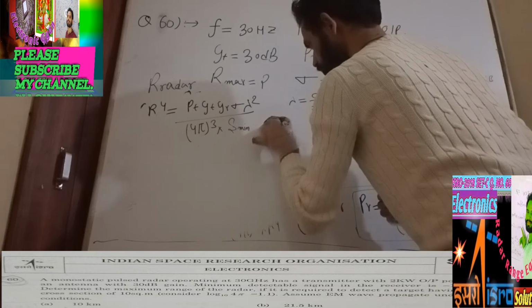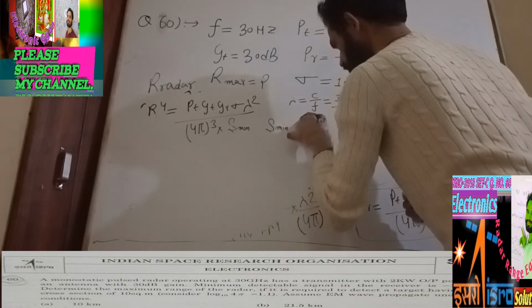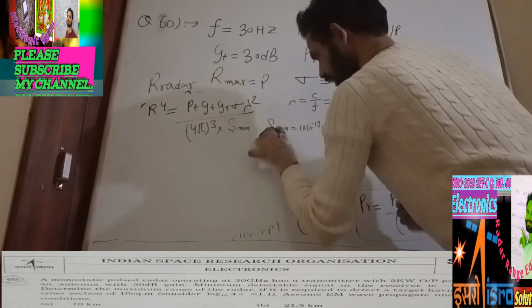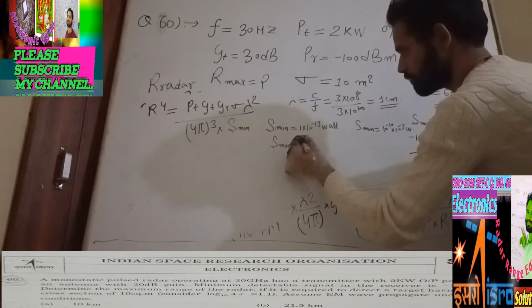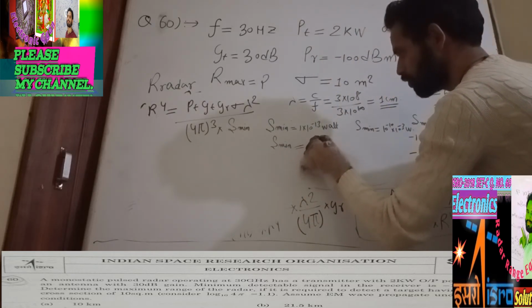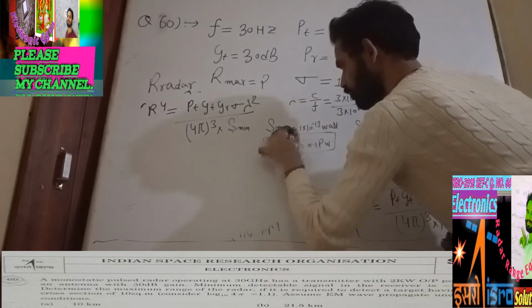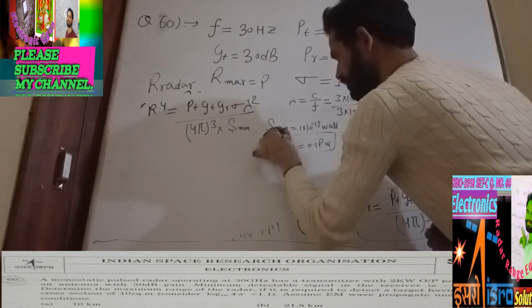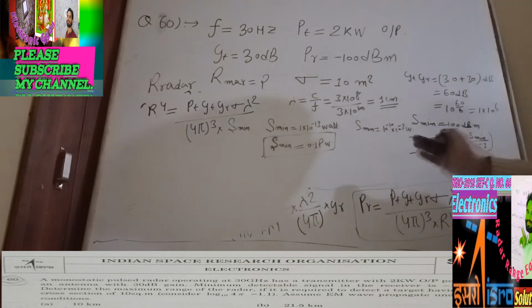So S minimum here is what? S minimum is nothing but 1 into 10 to the power minus 13 watt, which is 0.1 picowatt of power. So this is my detectable signal by the radar receiver.